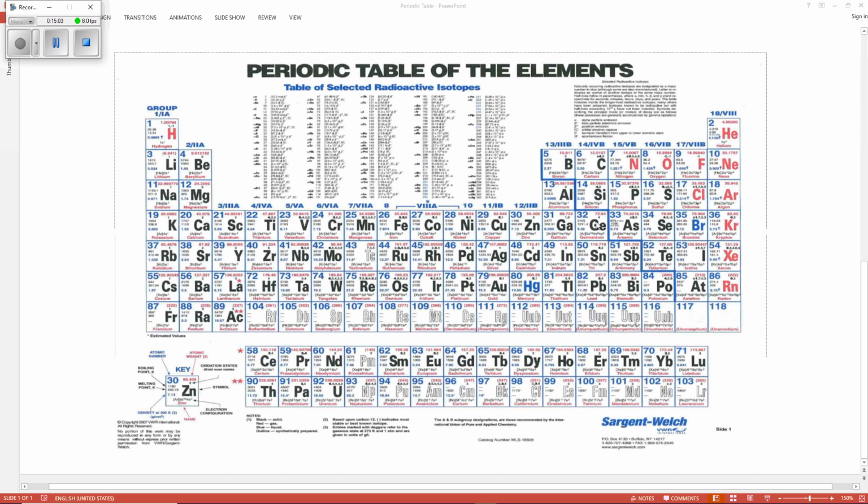Everything on the left side of this line we call metals. Everything on the right side we call non-metals, plus hydrogen. Hydrogen really belongs to this part, so hydrogen is a non-metal. This line separates metals and non-metals. The left side, except hydrogen, we call metals.